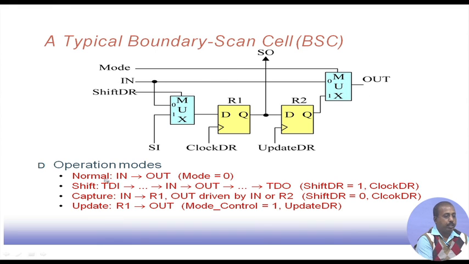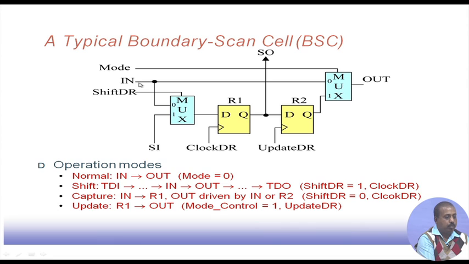Then the shift operation, that is whatever is coming on the test data input line, which is reaching here by this serial input line. So, that will be going to this register R1. So, TDI will go in to out to TDO.